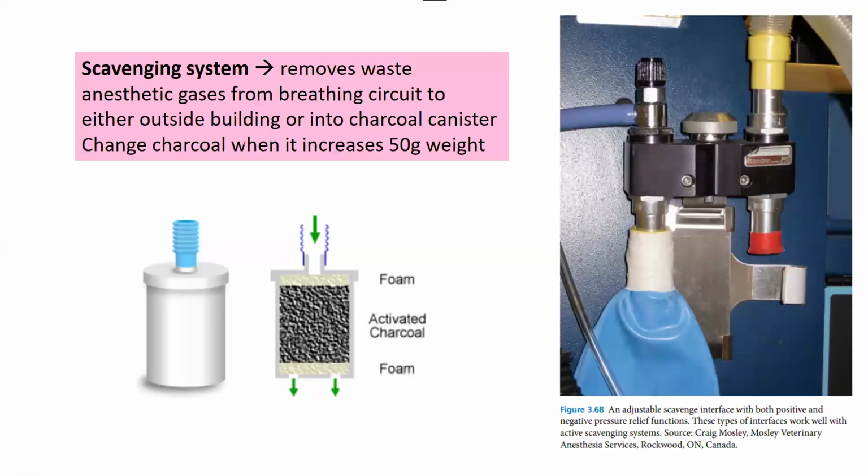Next, we have the scavenging system. Scavenging system basically removes the waste and static gas from the breathing circuit to outside of the building or into the charcoal canister.